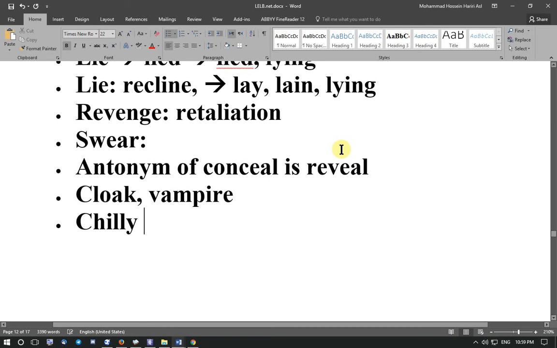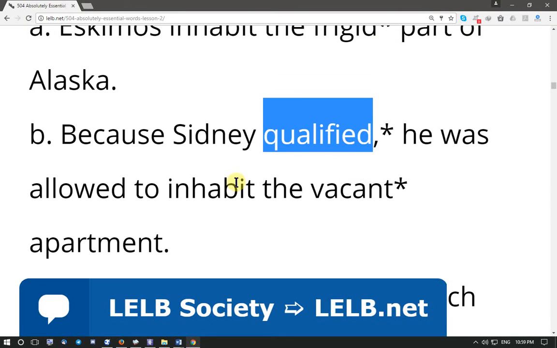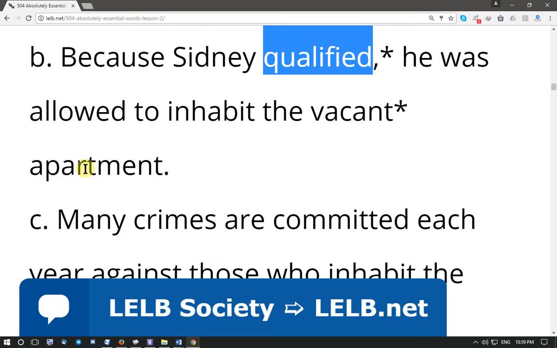We have tenant versus landlord. So he was an applicant for the apartment, and since he had the qualifications, he was allowed or permitted to inhabit the vacant apartment that was empty. Vacant means empty.